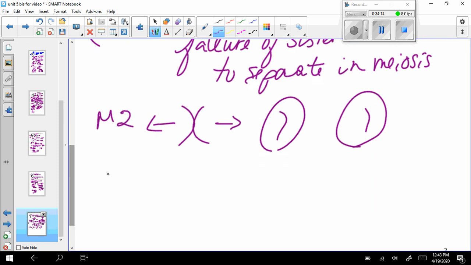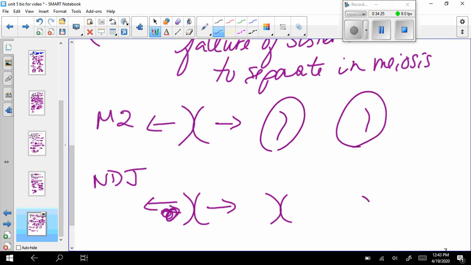But instead, what happens with non-disjunction is when this goes to separate, whoops, arrow's going the wrong way. When this goes to separate, 2 end up over here and none over here. So nothing and 2.